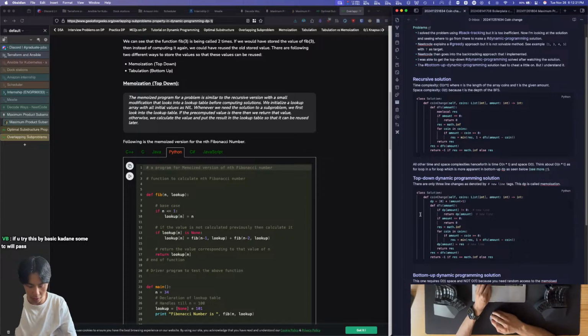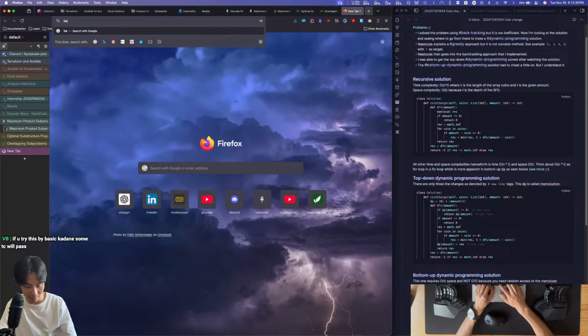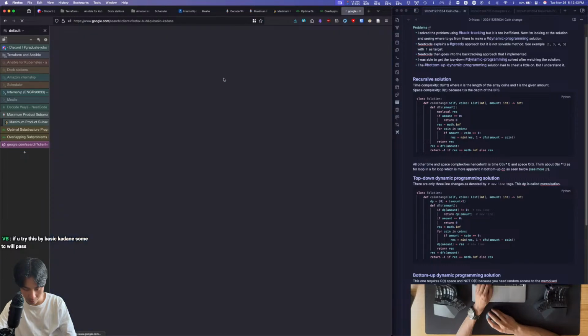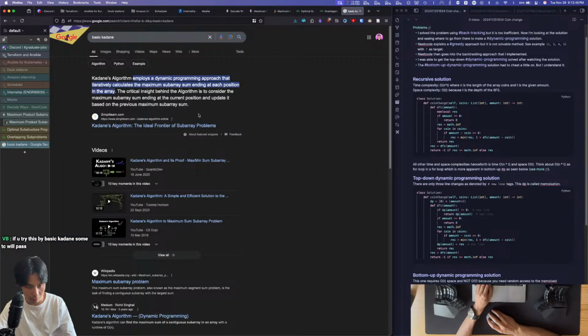If you try this by basic Kadane, some test cases will pass. Basic Kadane. I will need to search what that means. I will look at understanding what this means.